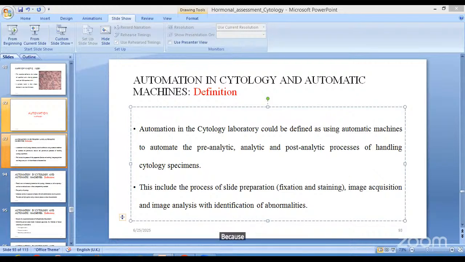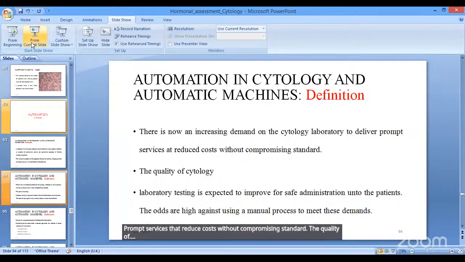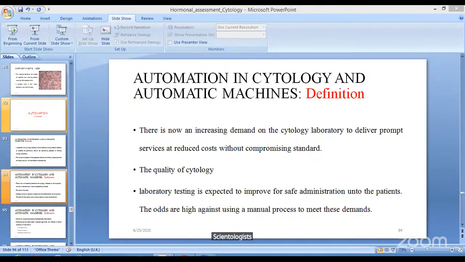Because there is an increased demand on the cytology laboratory to deliver prompt services at reduced costs without compromising standards. The quality of cytology smears or laboratory testing is expected to improve the administration of treatment to patients.